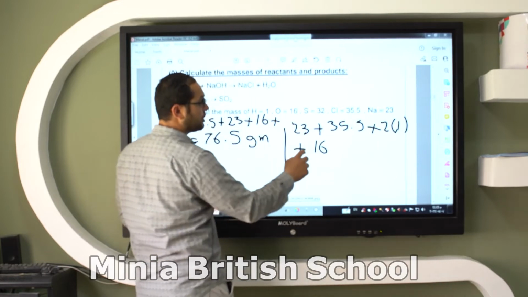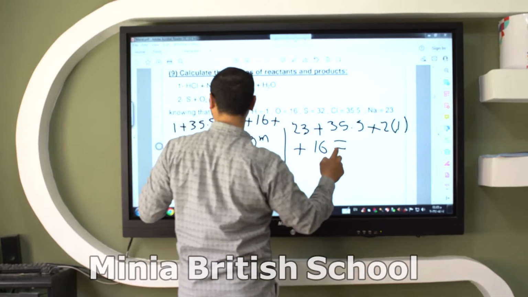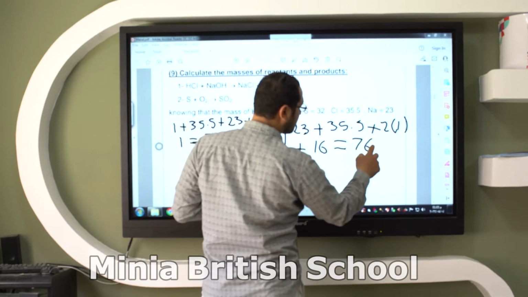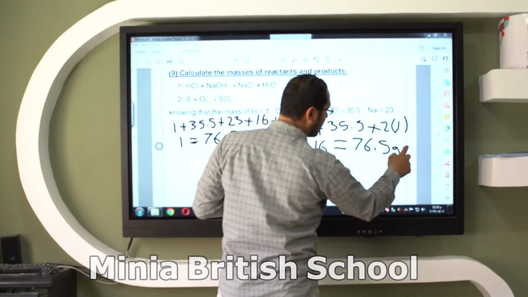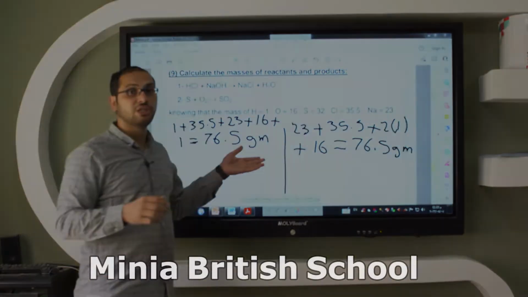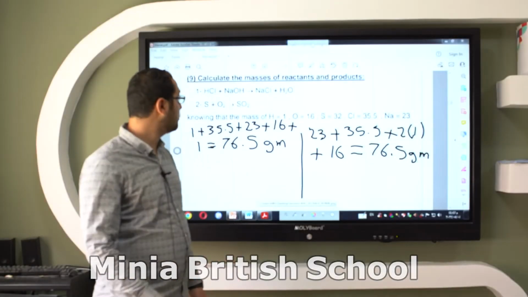This is the mass of oxygen, so all of these equals also 76.5 gram. So this equation achieves the law. Okay, let's continue.